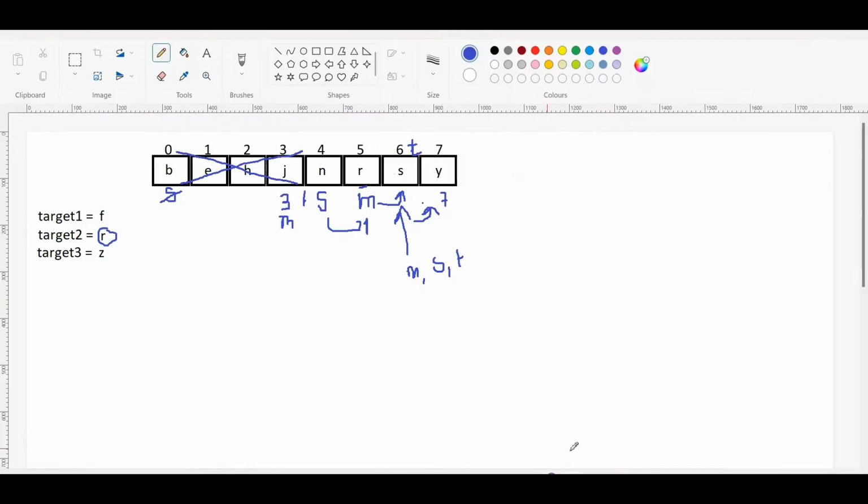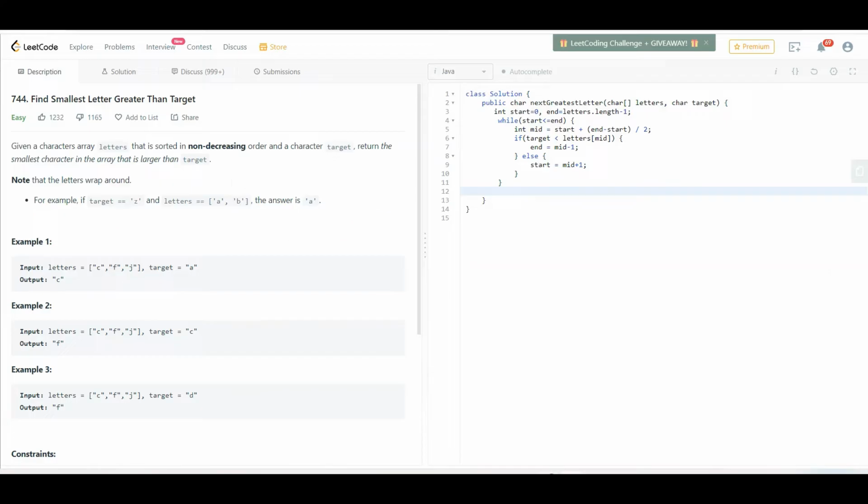In this example, we don't have to return t, we have to return the next element present in the array. Our start has already moved here to break the loop, so we can return letters of start.